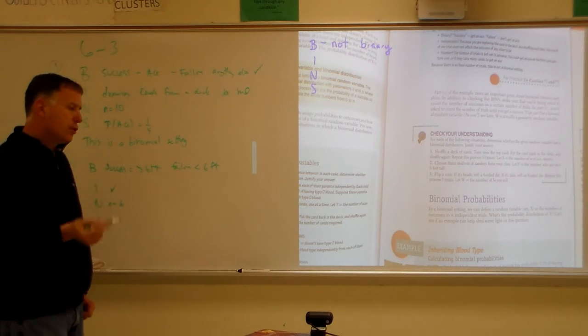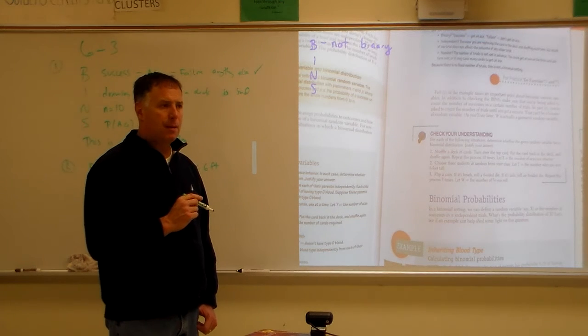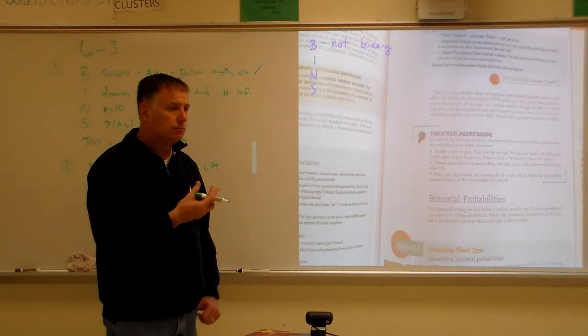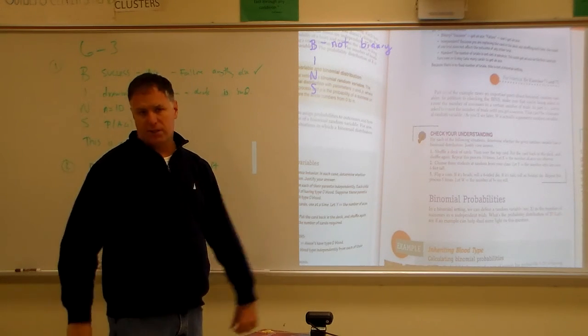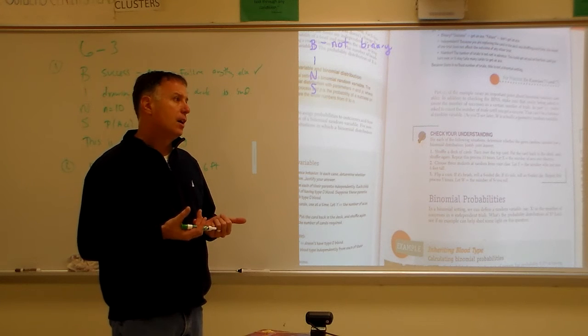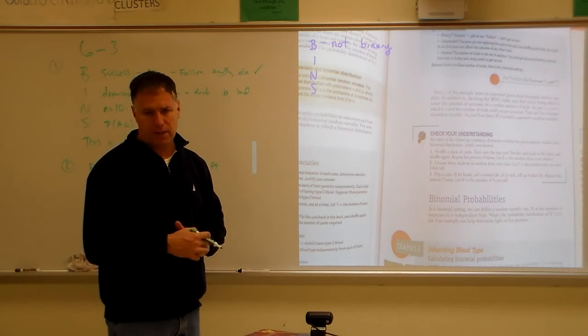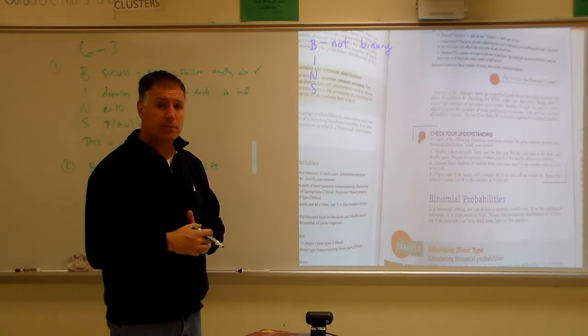Probability of success. It says you're choosing 3 students at random from your class. So when you choose that first student, the probability of getting someone who's 6 feet or above, let's say you have 25 students in your class and 7 of them are over 6 feet. When you choose that first one, you get a 7 out of 25 chance.